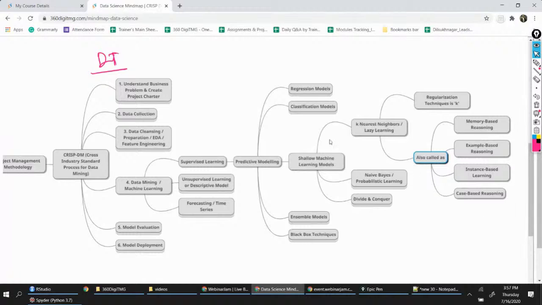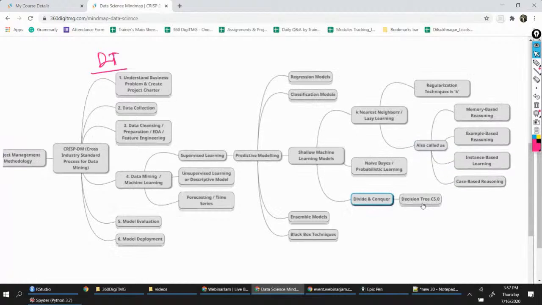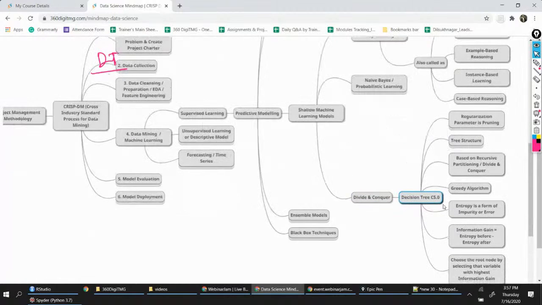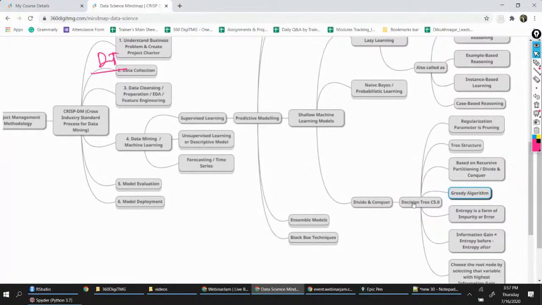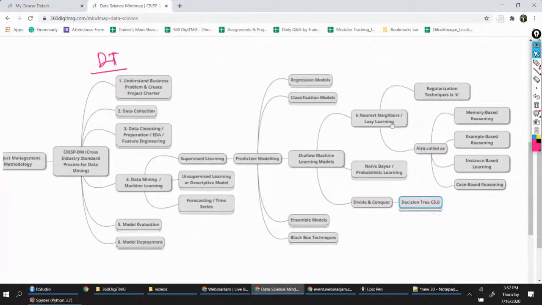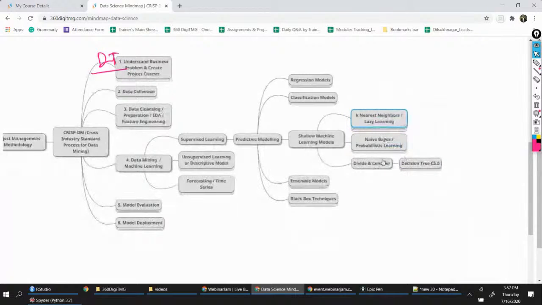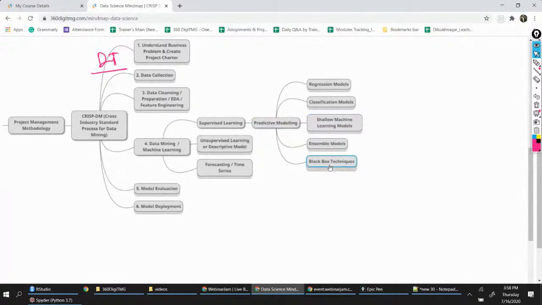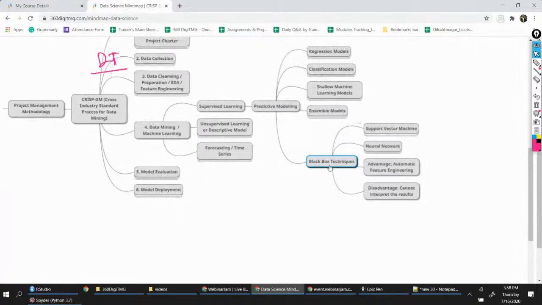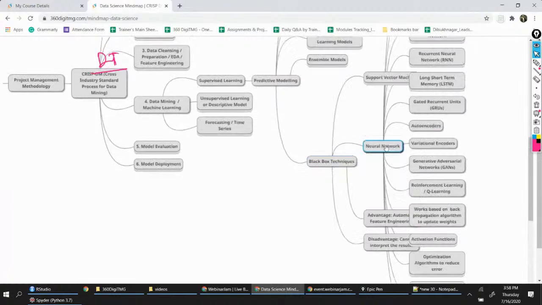These are different names given for KNN. And we have also discussed decision tree now, a greedy algorithm. So these are falling under your predictive modeling.